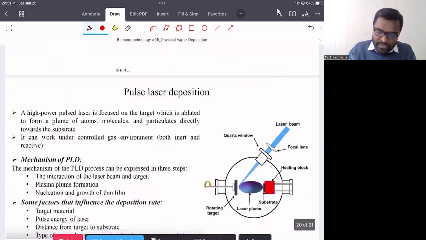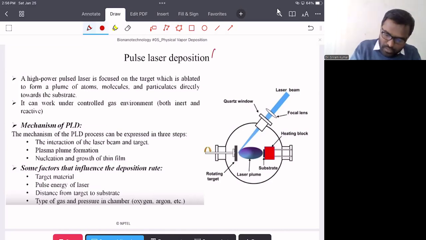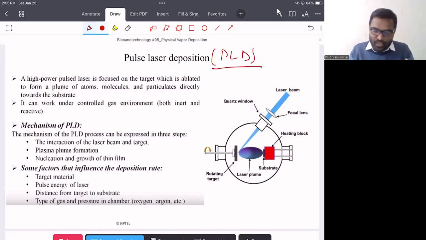We have another important technique, the pulsed laser deposition technique, popularly known as the PLD technique. Using PLD, we can use a laser on the target material to convert it into plasma, and this plasma gets deposited on the substrate.